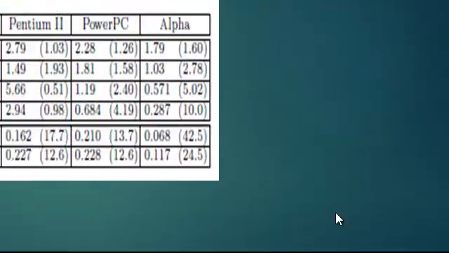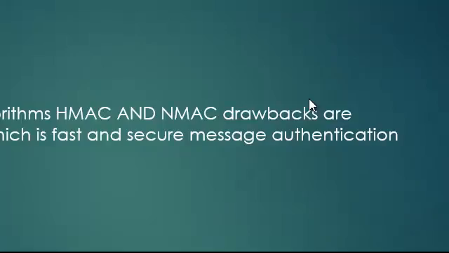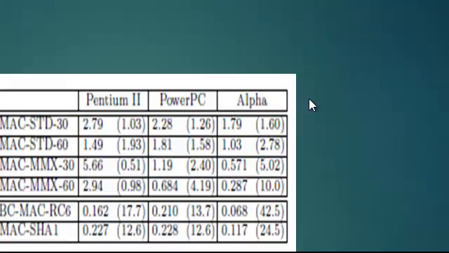Here we can see some of the PCs on which UMAC and HMAC are implemented. These algorithms work on Pentium, Power PC and Alpha computers, and all have different time-based executions.